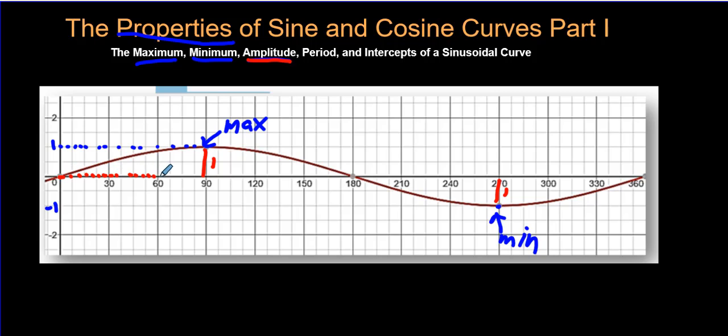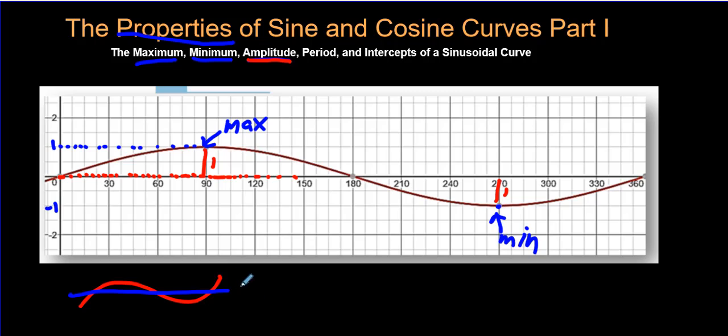It's the distance from this middle part here. And this middle part, I should give it a name too while we're at it. I'll just draw it right here. This middle line has a name.